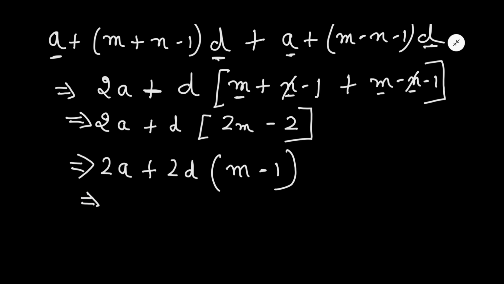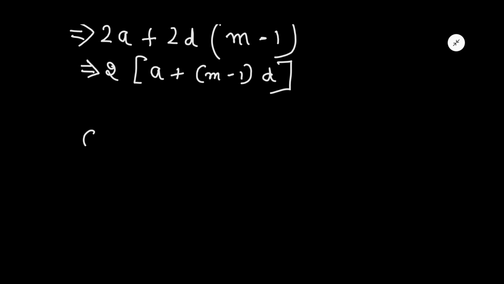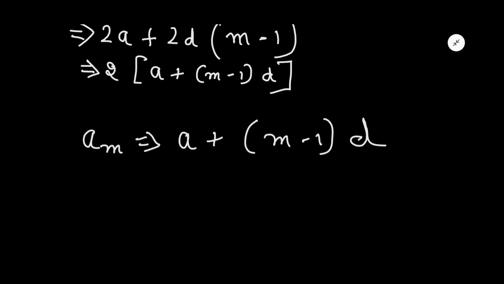So if we take 2 from the whole expression as common, it will equal 2 times a plus m minus 1 into d. As our mth term is equal to a plus m minus 1 d, it has been proved that the sum of the m plus nth term and the m minus nth term is twice the mth term.